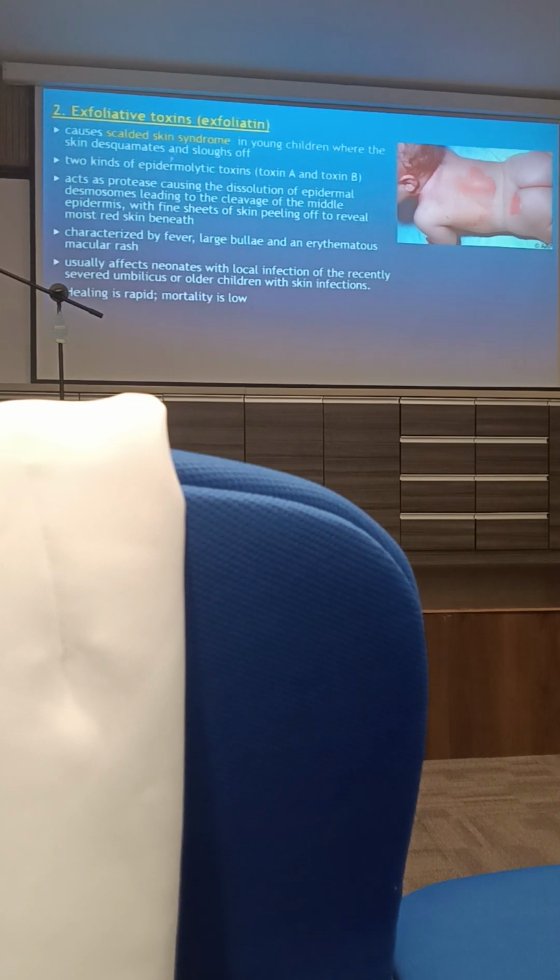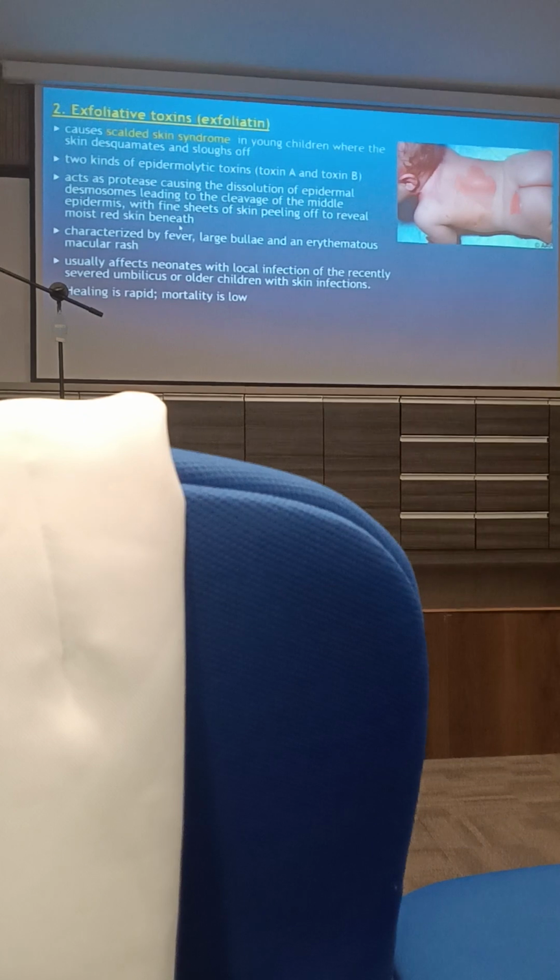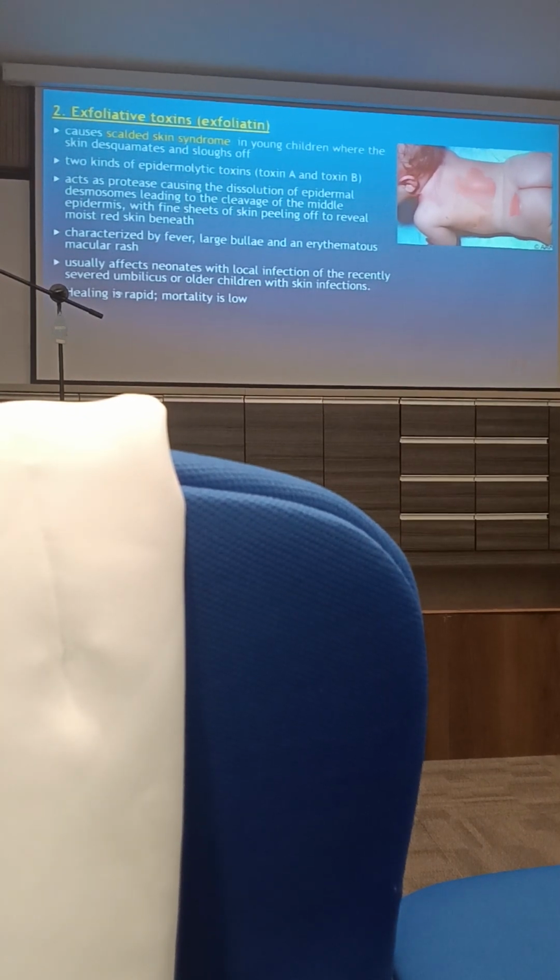There are two kinds of epidermolytic toxins involved, toxin A and B. They act as proteases that dissolve the epidermal desmosome, so it breaks the epidermis causing skin peeling.